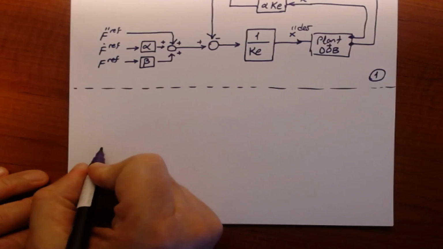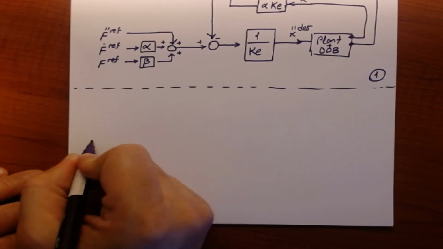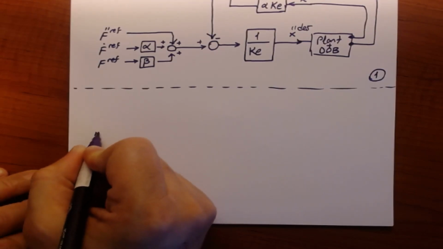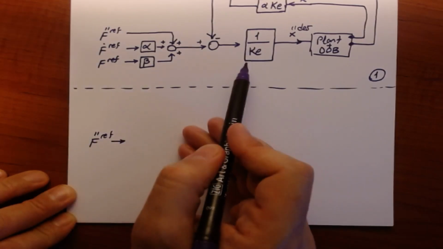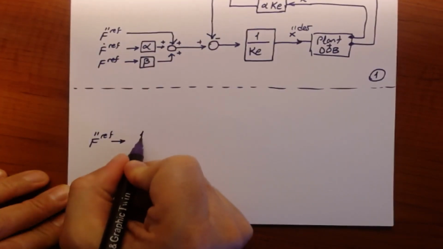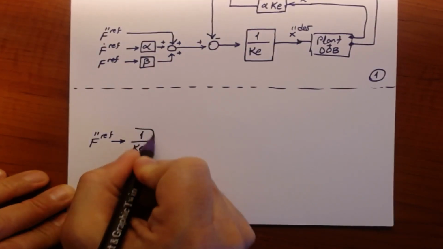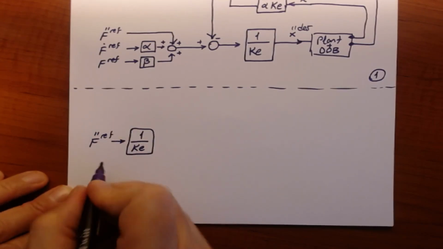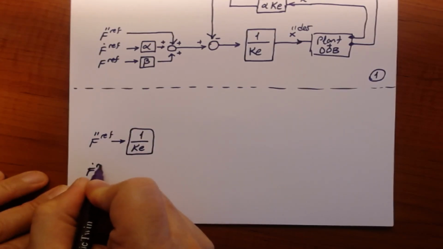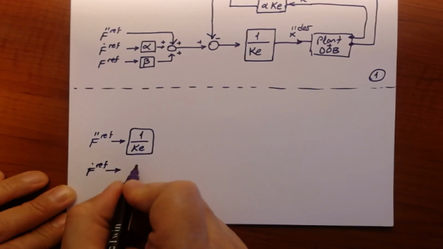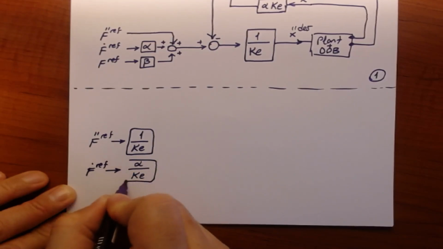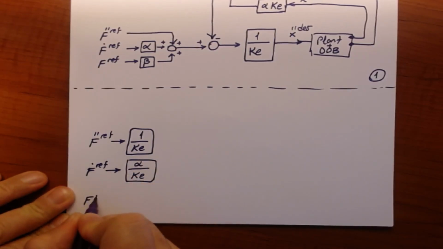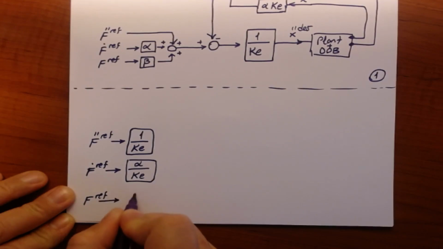So we have here simply F double dot reference being scaled by, now 1 over KE will go out, 1 over KE. F dot ref, that's being scaled by alpha over KE, and F ref being scaled by beta over KE.